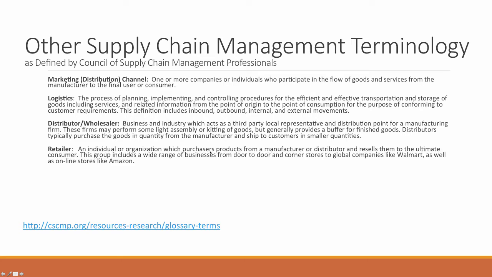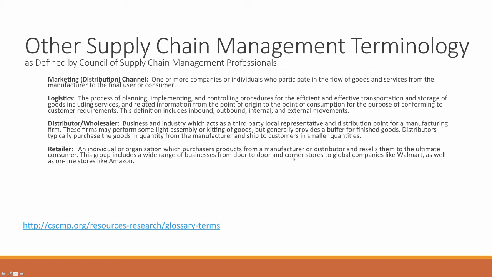A retailer then is an individual which purchases from a manufacturer or a distributor or wholesaler and resells them to the ultimate consumer. So by definition, if you're selling to the ultimate consumer, you are a retailer. And so we might have a person who's selling door to door, they would be defined as a retailer.